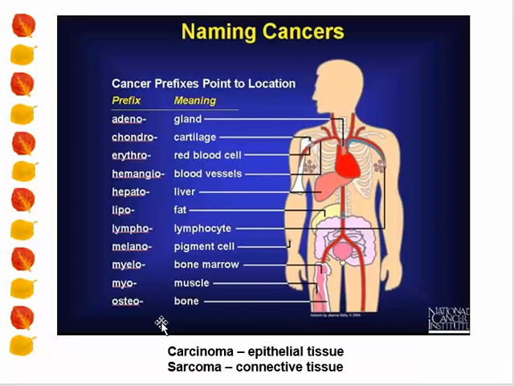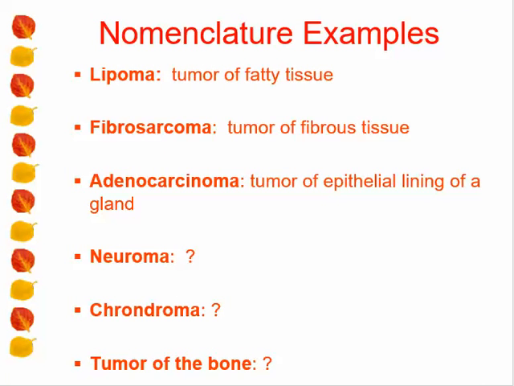Myoma is in the muscle. So a leiomyoma is in the muscle of the uterus. Osteomas are in the bone, so benign tumors of bone are osteomas. Osteosarcoma is a malignant tumor of bone, of osseous tissue. That's what Terry Fox had, an osteosarcoma. So these rules are general. There are exceptions to them, as in melanoma, but it's cool.